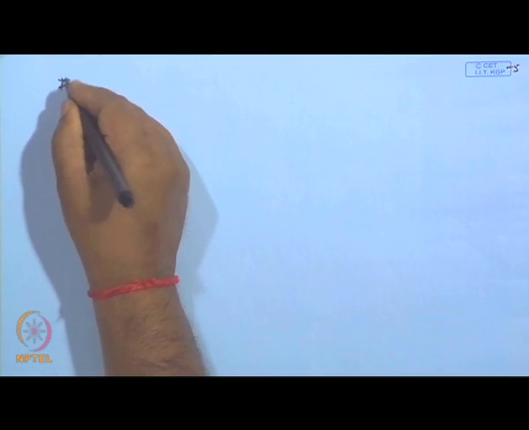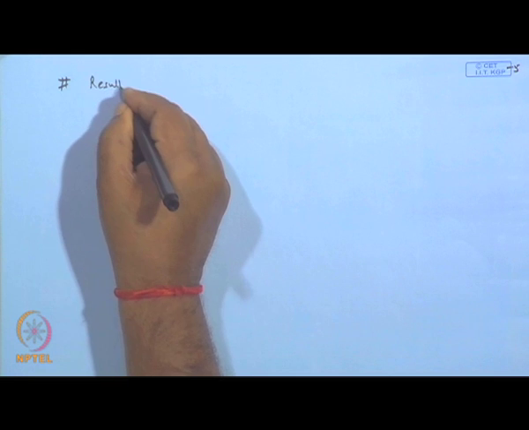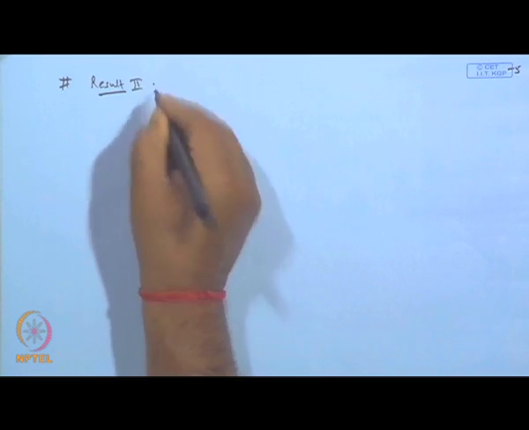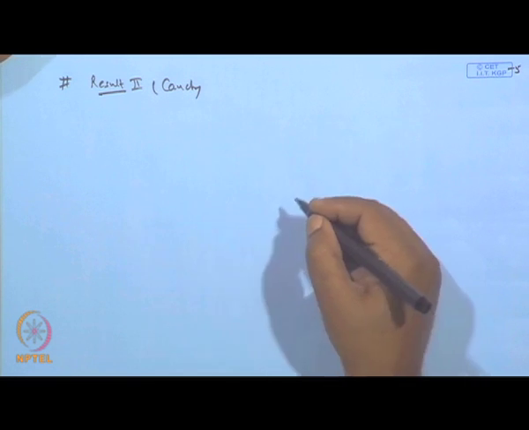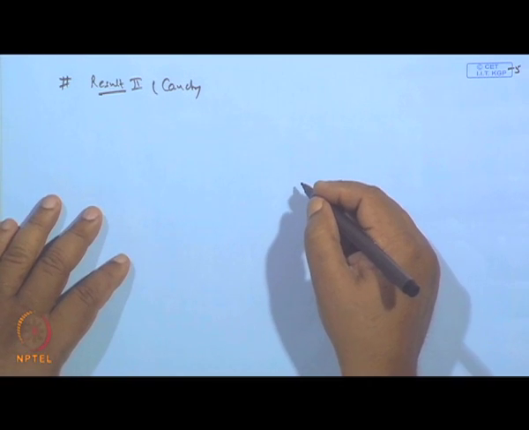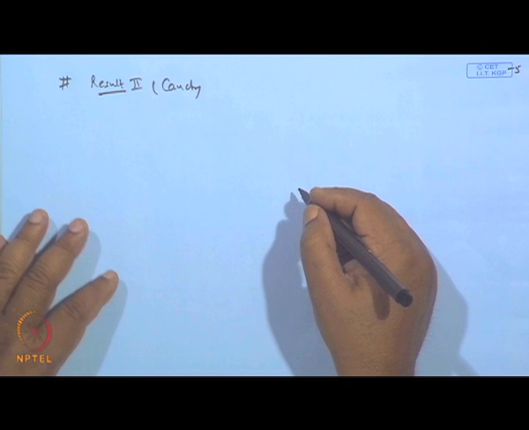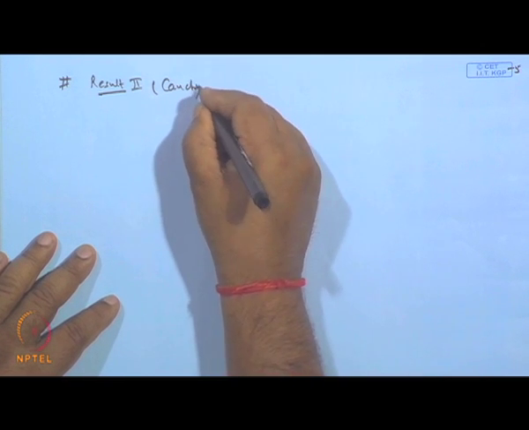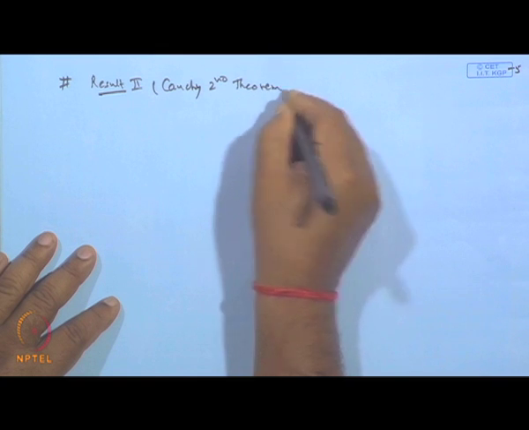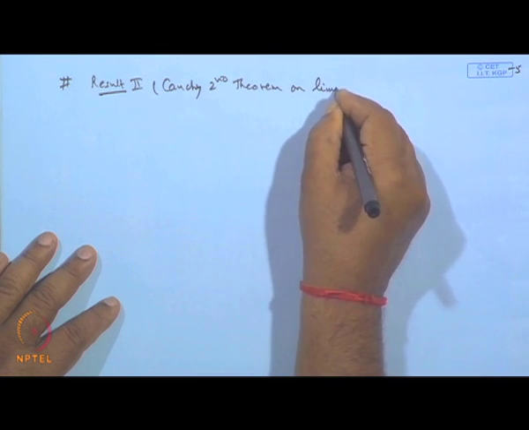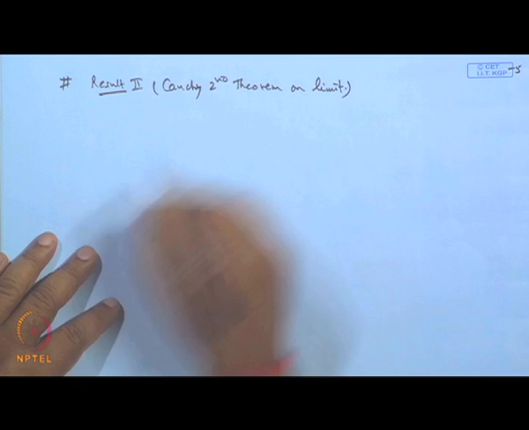The second Cauchy theorem, that is the result 2, which we also call Cauchy's second theorem on limits.